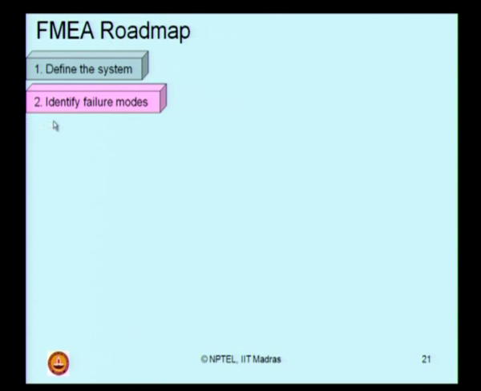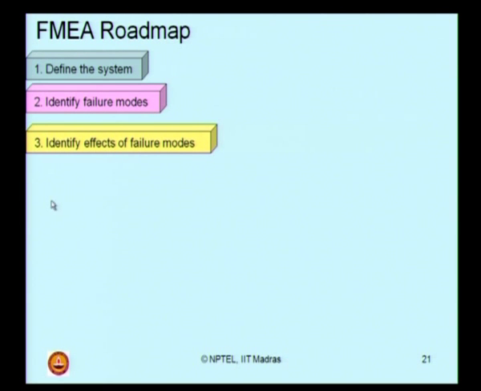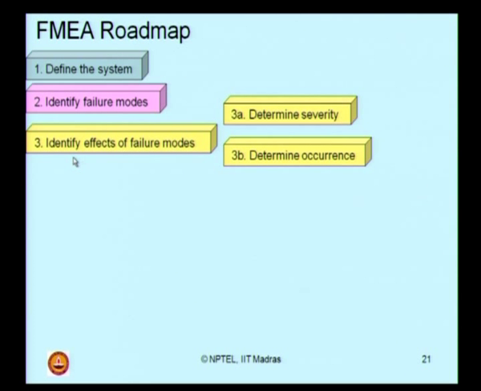Then identify the different failure modes in that system. Then identify the effects of the failure modes in that system. Once you identify the effects, then you will know what will be the severity and what is the occurrence of the system. Remember, risk is something to do with these two.